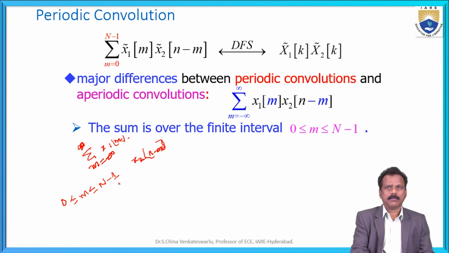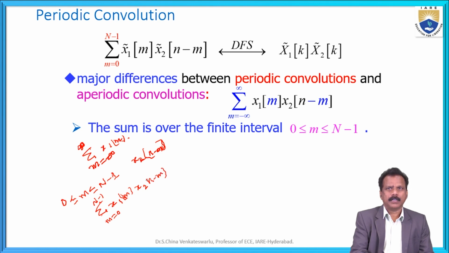Now we go on applying periodic convolution with the summation, where small m goes from 0 to capital N minus 1, of x1 of m into x2 of n minus m.